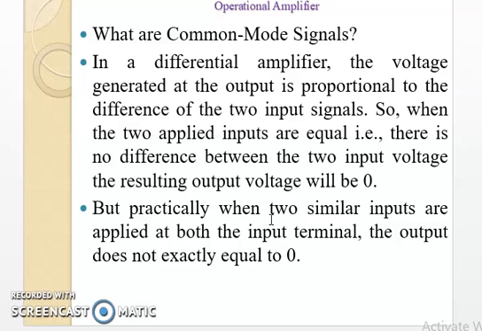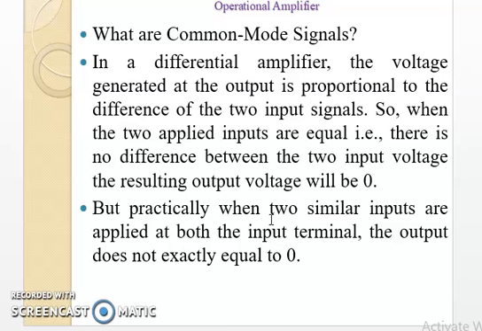Practically it is not possible to get 0. The output in case of a common mode signal is of the order of several thousand microvolts. Important key terms in this case: number one, voltage gain.